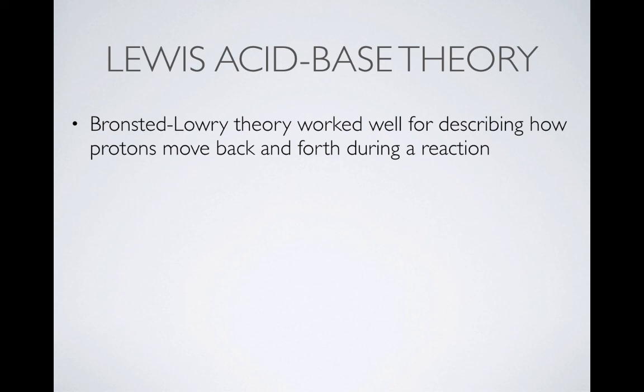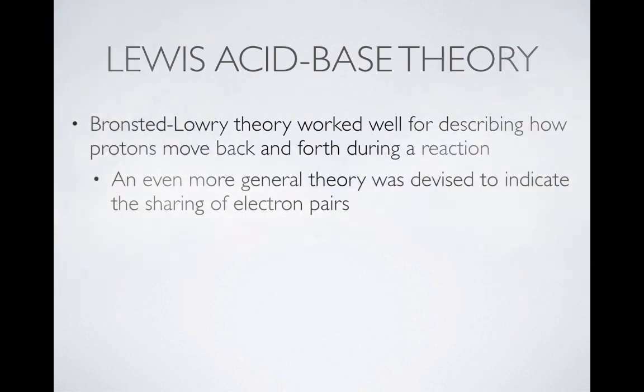Well, let's shift gears a little bit and look at Lewis acid-base theory. So this is very different from Bronsted-Lowry theory and much different than Arrhenius theory. The Bronsted-Lowry theory worked really well for describing how we had protons moving back and forth during a reaction, but there were still some things that gave us acidic solutions or basic solutions that had no protons moving back and forth at all.